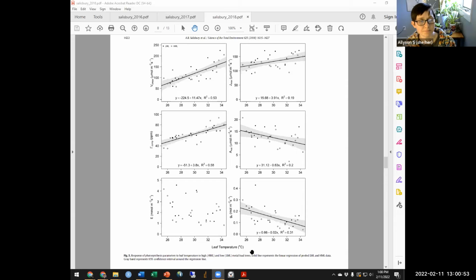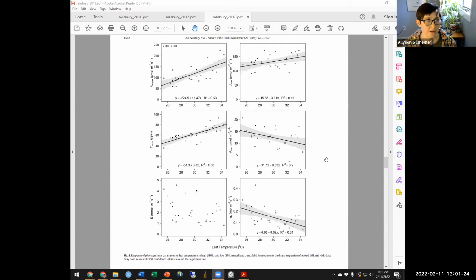So there's a few layers here. We have our predictor variable, leaf temperature. That's consistent across all of the panels. And then we have different response variables. That's another layer that breaks our panels apart. Then I color coded each of the data points: I think the closed circle is low metal, open circle is high metal.